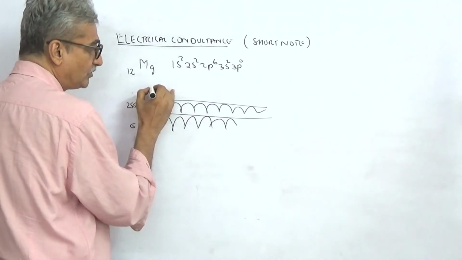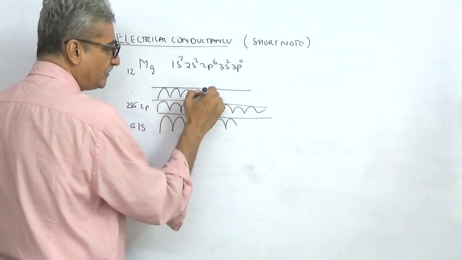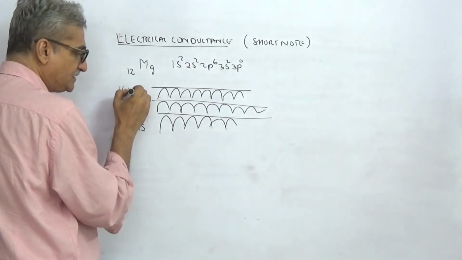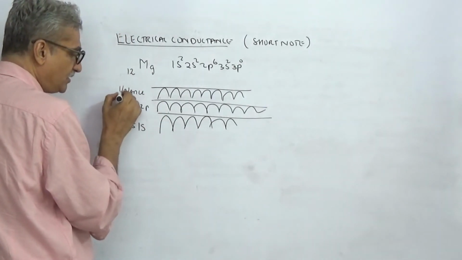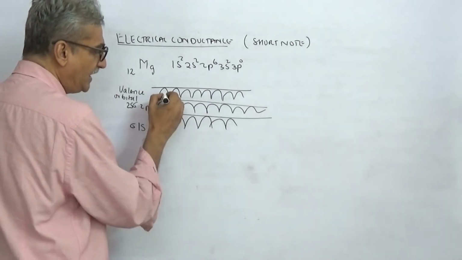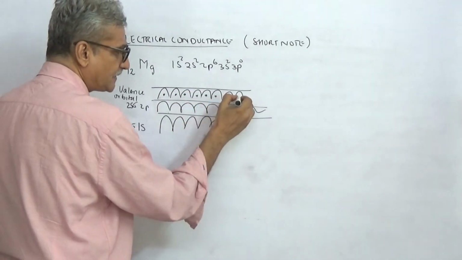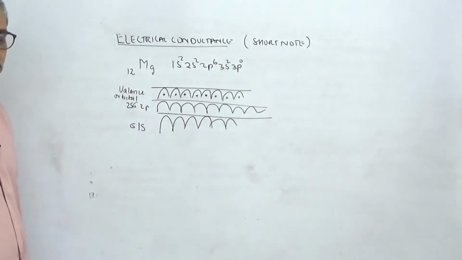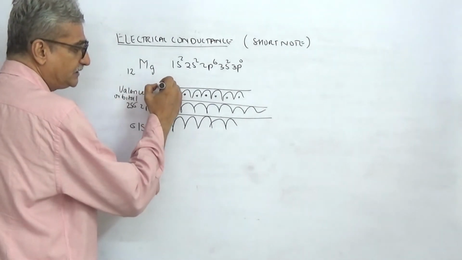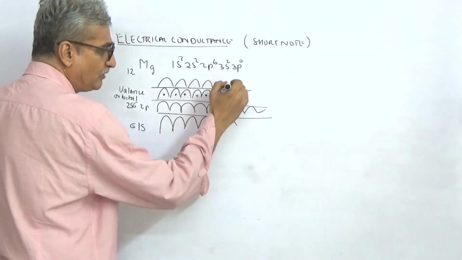Then we are coming to the outermost shell. I have a 3s orbital. So this is called valence orbital. This is called valence molecular orbital, where there are electrons. But what happens, you also have after 3s a 3p orbital, na? Very, very close by.